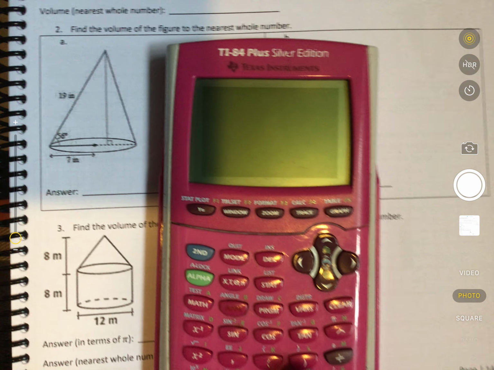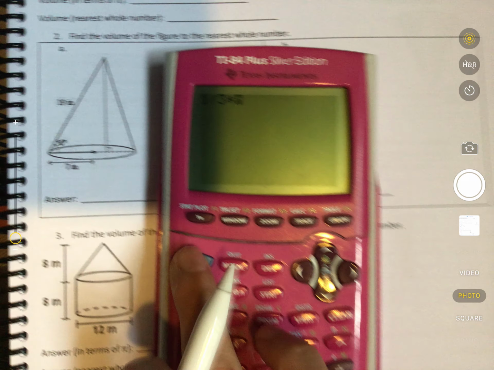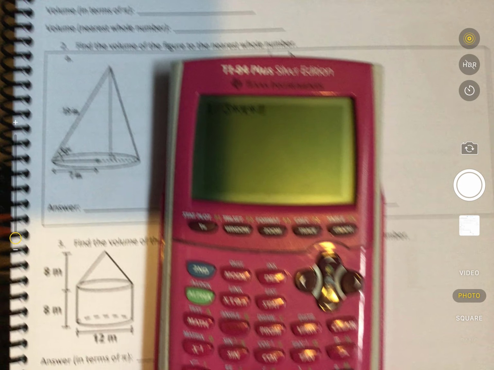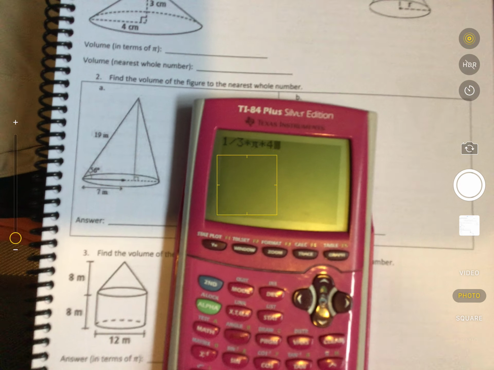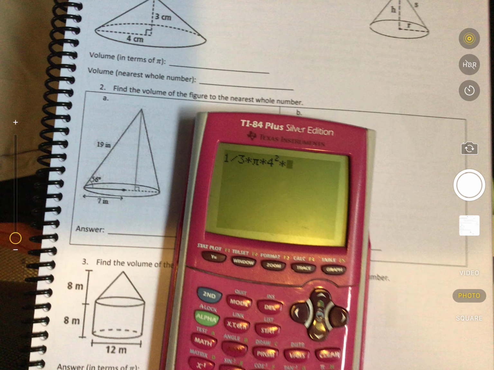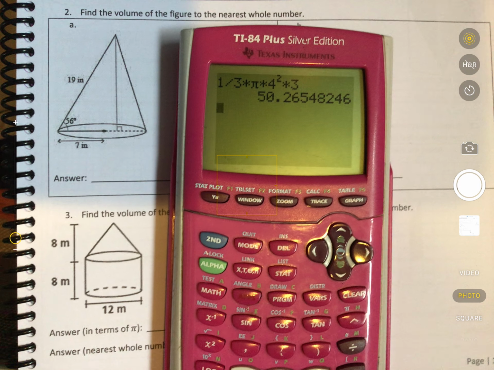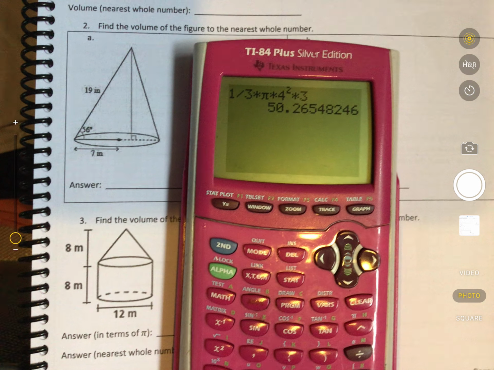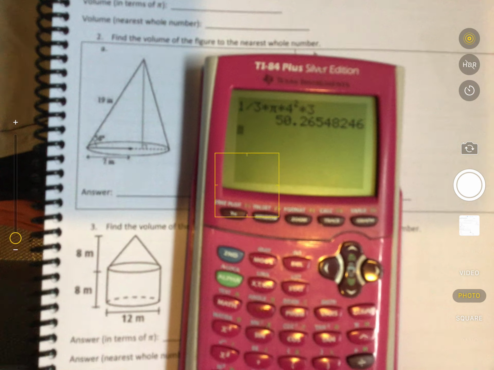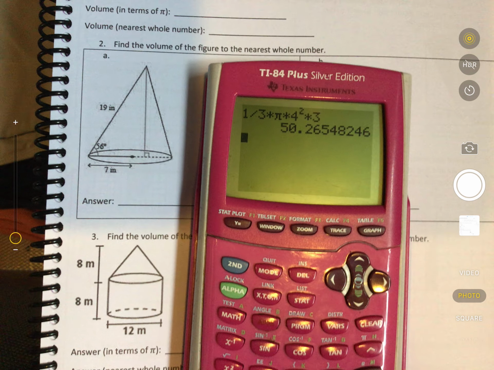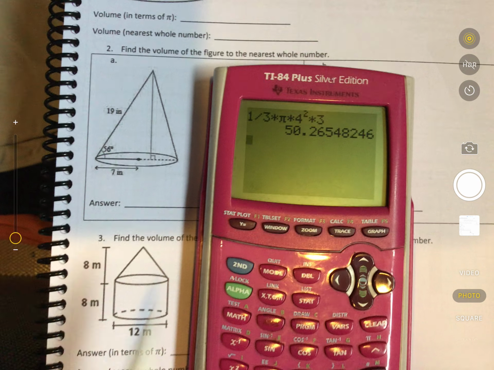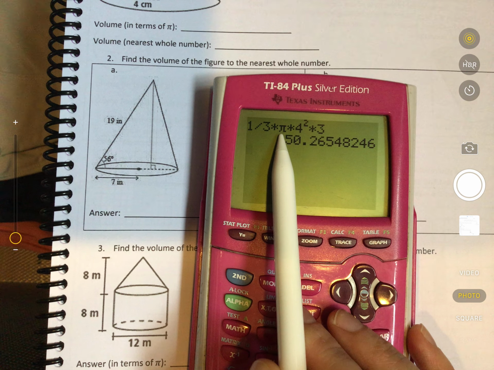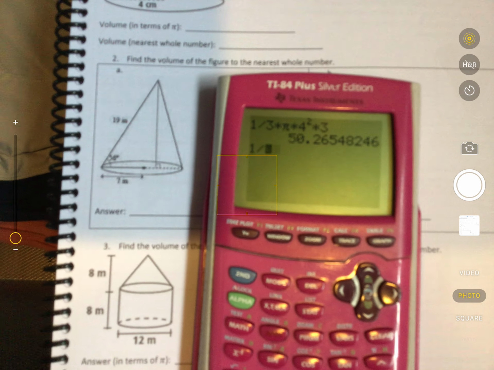So for example, I have a graphing calculator personally that I use. Looks like this. So if I type in 1/3 times pi times r squared times the height, I'm going to get a decimal, which does tell me to the nearest whole number, the second part, it's about 50 for that answer. But if I want the answer in terms of pi, I need to not type this pi in.